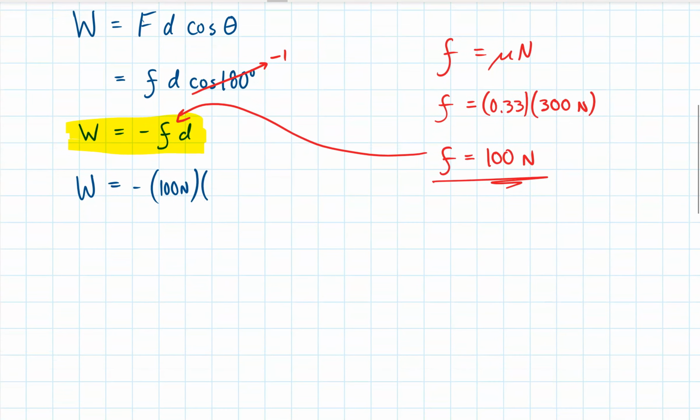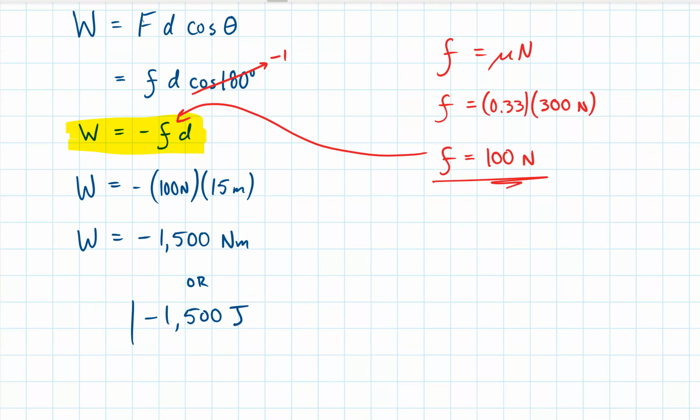So 15 meters. All right. And the work done by the force of friction is negative 1,500 Newton meters, or 1,500 joules, negative 1,500 joules. Remember, any one of those units is totally acceptable for this stuff.